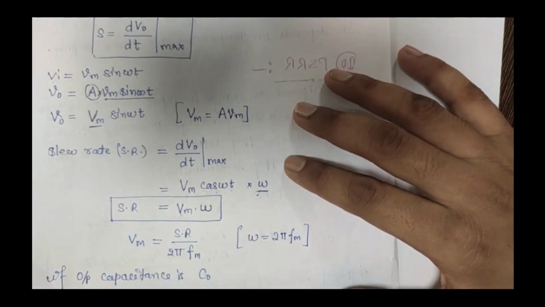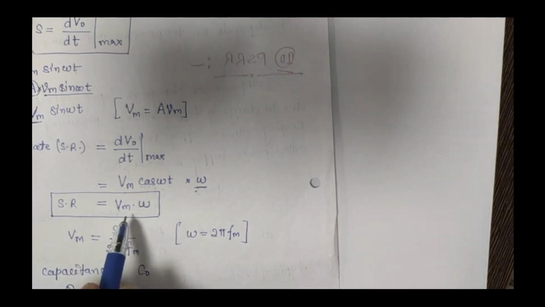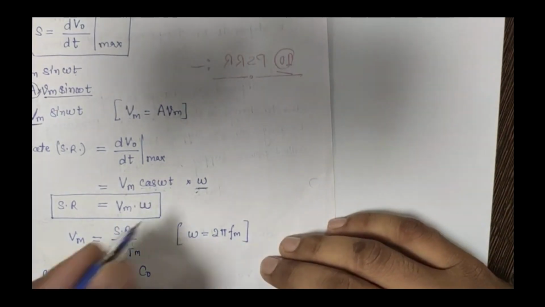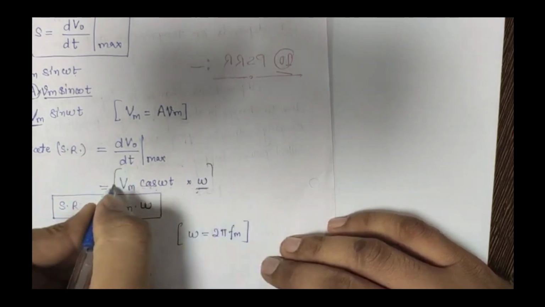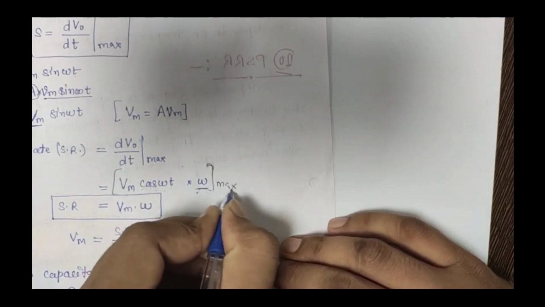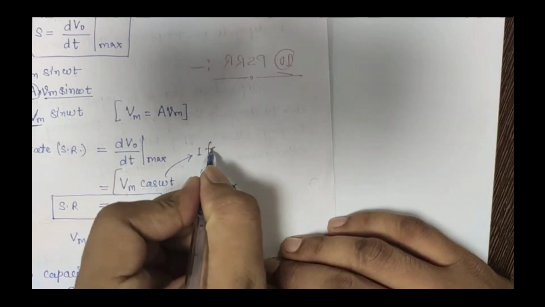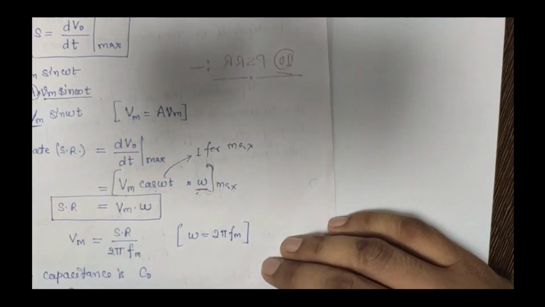You can see here that the slew rate is Vm into omega. If I take the maximum value, cos omega t will be 1. Slew rate is the maximum value of this. For the maximum value, I have to take cos omega t equal to 1, then slew rate will be equal to Vm into omega.